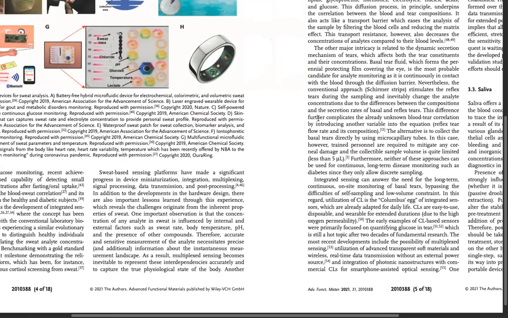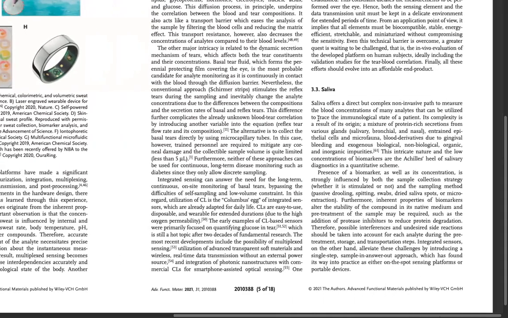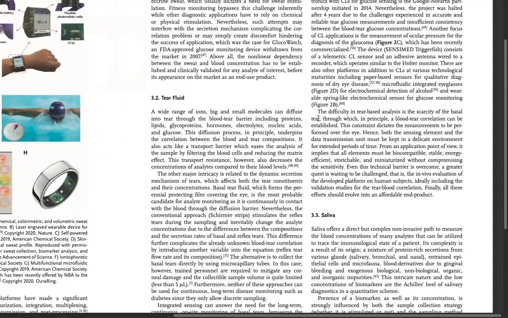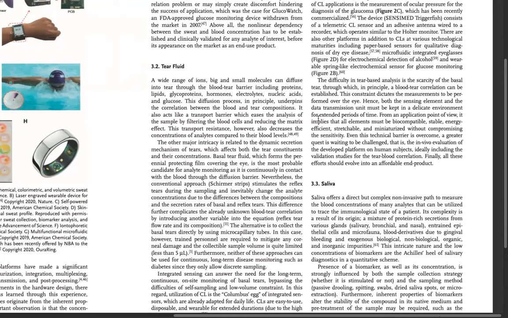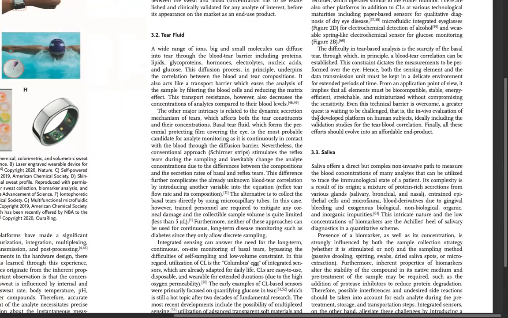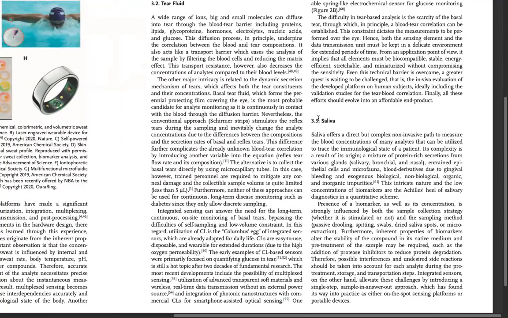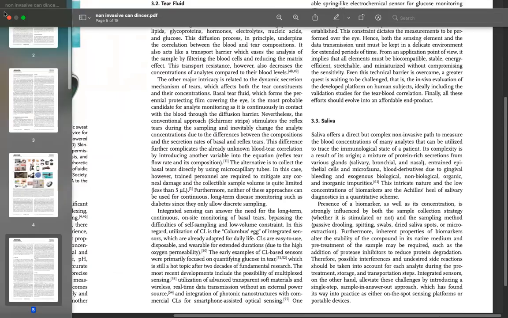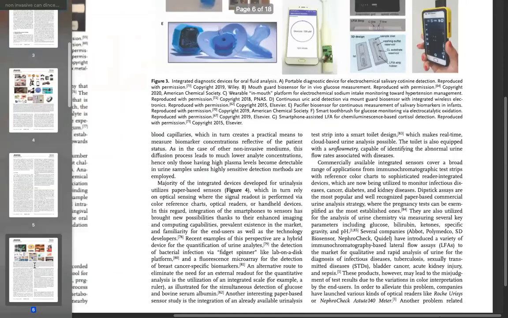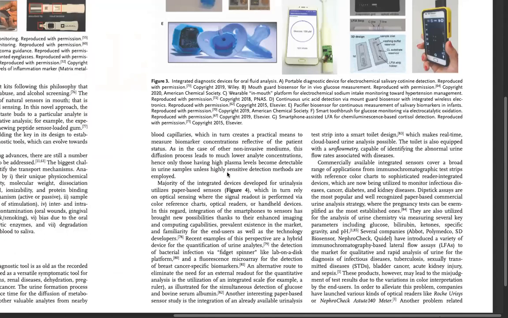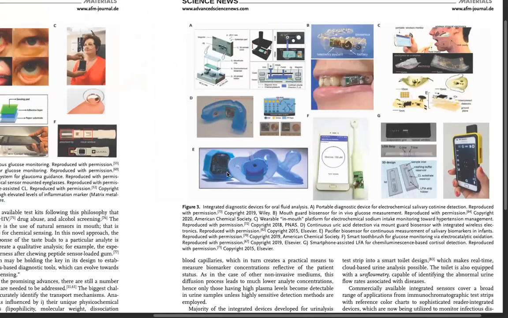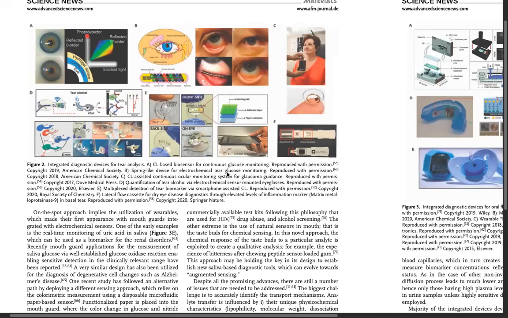Okay, so this is very interesting. You can see, tears. So he's talking about the use of tears for non-invasive samples. Okay, saliva. Now he's talking about the device itself, how to do the non-invasive sampling.